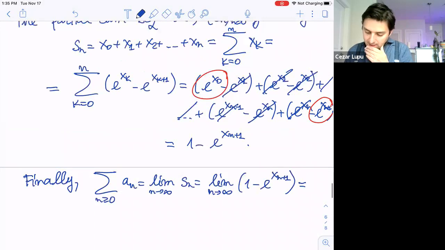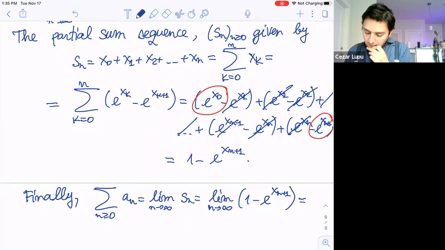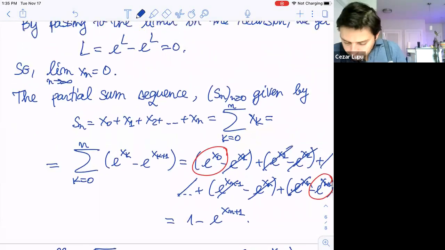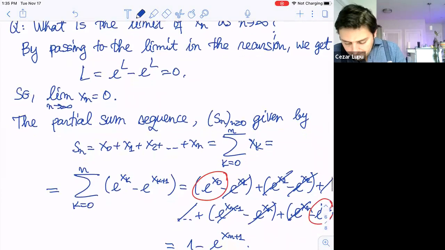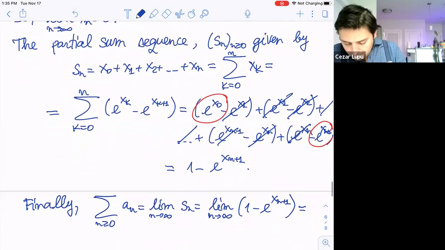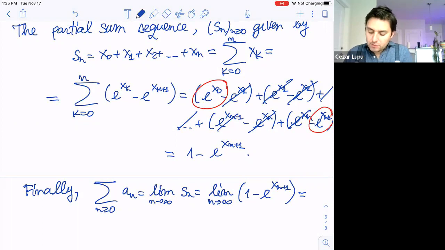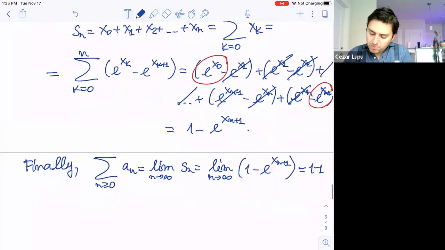Well, wait, did I make any mistake here? Because it gives me, let me see. So it's 1 minus, okay, so the limit of that is 1 minus 1, which will be 0. That's strange though.